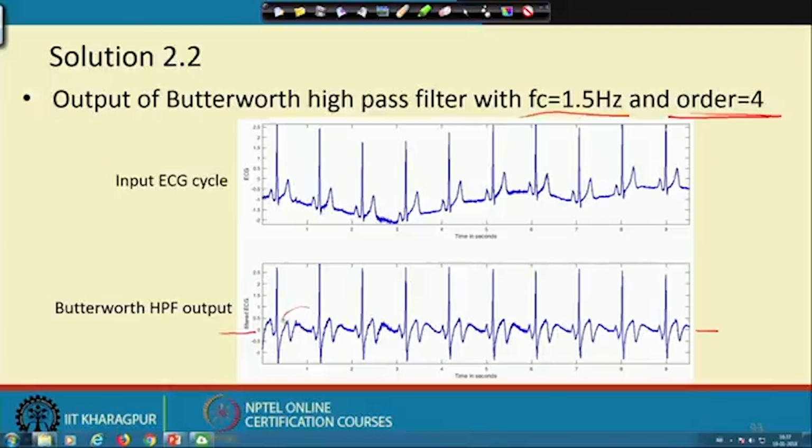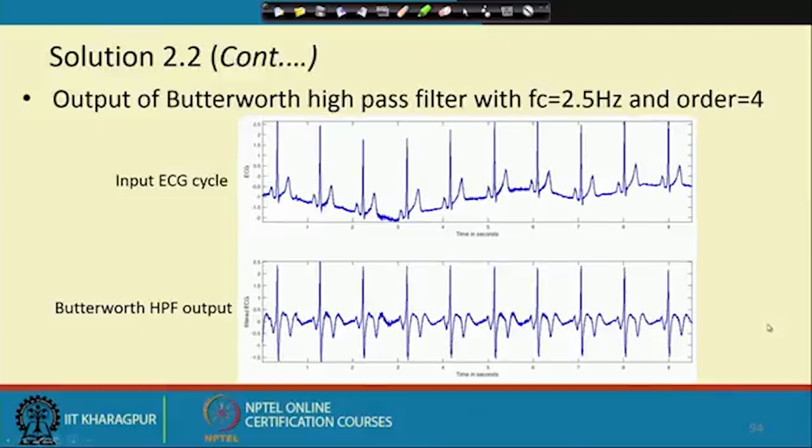The T wave looks flipped. The difference between the Q and the S wave has increased compared to the original signal. So, there has been a huge change, which is not so desirable. The signal has actually deteriorated compared to the case when the cutoff frequency was 0.5.